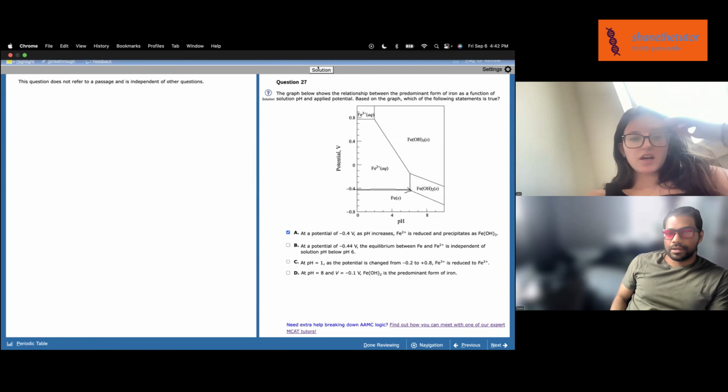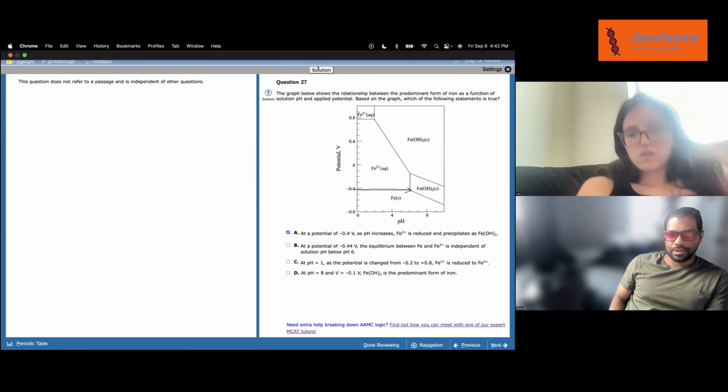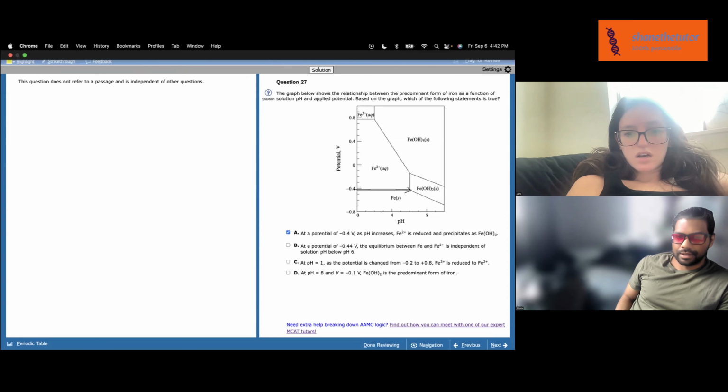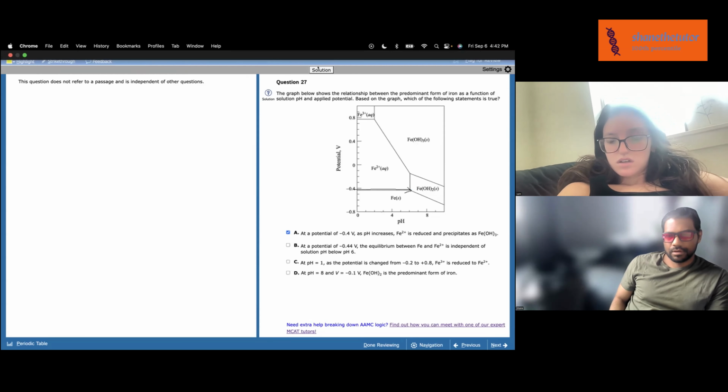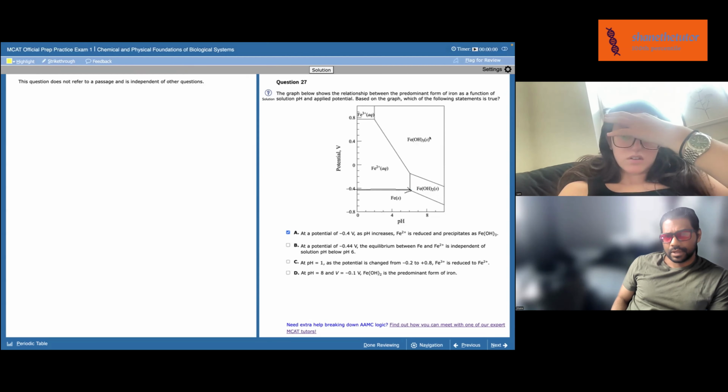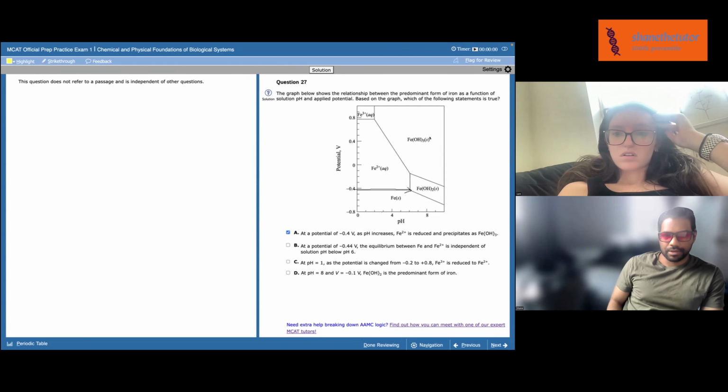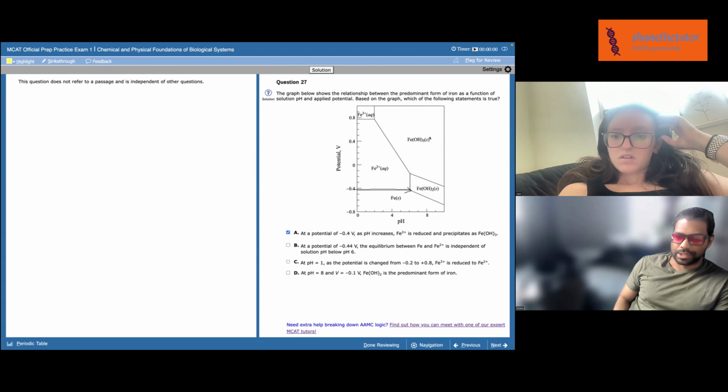Well, no, if you just read the graph, it's a solid, so it can't precipitate. So what's the graph showing us, and then what's the answer choice showing us?